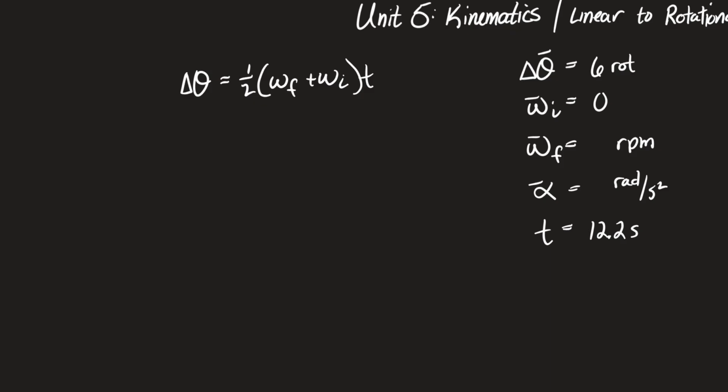Right now my angular displacement is in rotations, and I want my velocity to be in rotations as well. But my time is in seconds. So I either convert to minutes now, or I convert to minutes later. I'm going to choose to convert to minutes later, and I'm going to work with the units I have right now. So 6 rotations equals 1/2 (omega final plus 0) times 12.2 seconds.